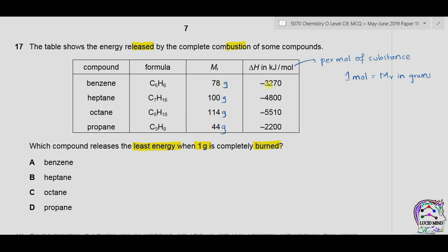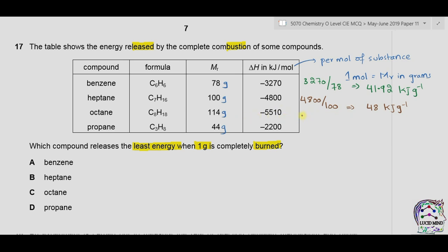Now let's find out energy per gram. As we have 3270 which is released by 78 grams, so for 1 gram it will be equal to 3270 divided by 78, which is equal to 41.92 kilojoules per gram. Similarly for the second one we can find energy per gram by dividing 4800 by 100, which comes to 48 kilojoules per gram.